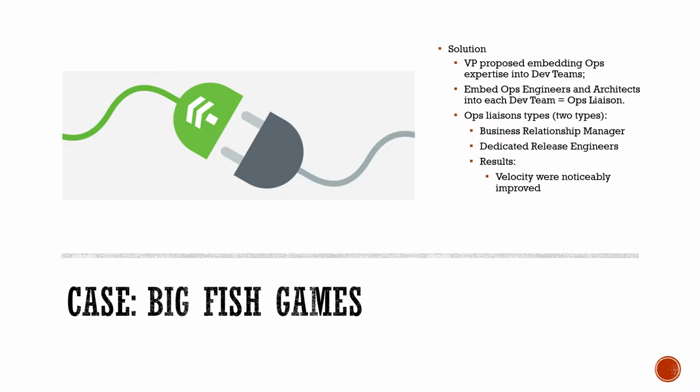One, business relationship managers, who are responsible for project management, development management, production management, etc. And two, dedicated release engineers, who become familiar with product development, including quality assurance issues, to help ops organizations become familiar with dev and quality assurance requests for ops. As a result, the vice president noticed an increase in the teams' velocity and productivity.